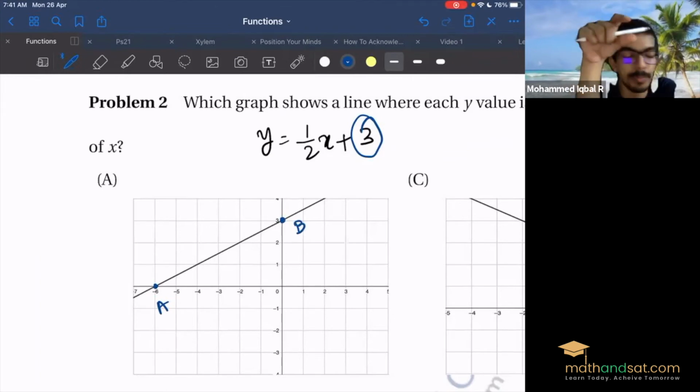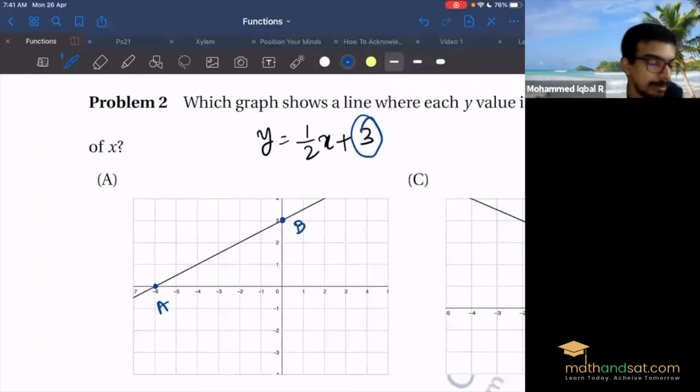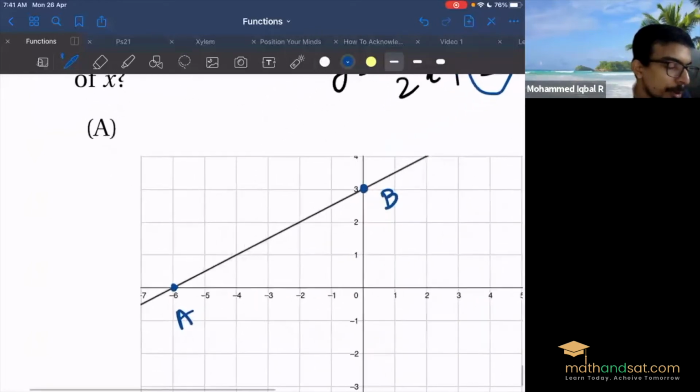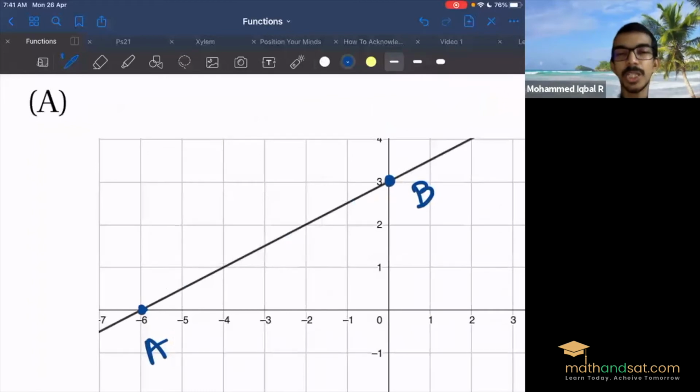When you go from point A to point B, what is the change in the y coordinate, the vertical change?